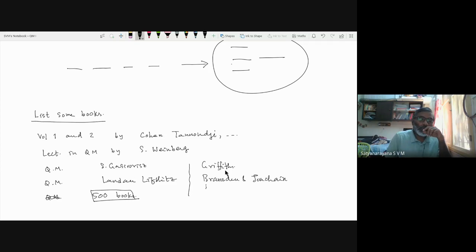But books like Landau Lifshitz or Schiff are like masterpieces, which every time you study, you learn something. Okay, so these are some general comments about the list of books.